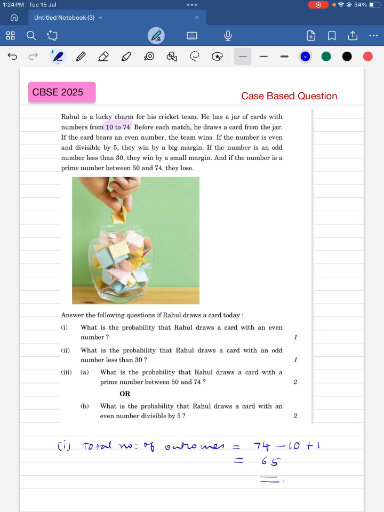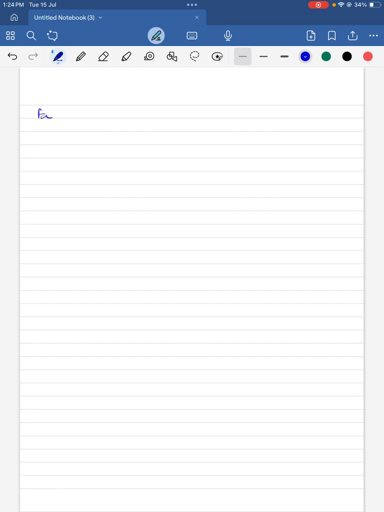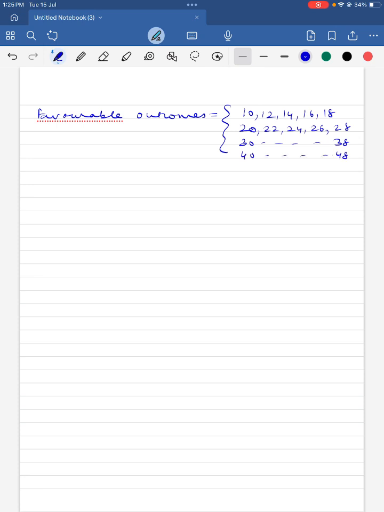Now we have to find the probability that Rahul draws a card with an even number. Let me write out the favorable outcomes for getting an even number. 10 and 74 are also included in our options. So that is 10, 12, 14, 16, 18, 20, 22, 24, 26, 28, 30 to 38, 40 to 48, 50 to 58, 60 to 68, and then 70, 72 and 74.